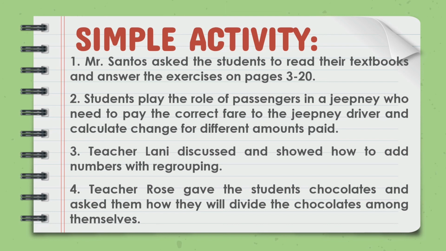Students play the role of passengers on a jeepney who need to pay the correct fare to the jeepney driver and calculate change for different amounts paid. Yes, it is. Thumbs up. Teacher Lani discussed and showed how to add numbers with regrouping. Teacher Rose gives students chocolates and asks them how they will divide the chocolates among themselves. It is thumbs up. So 1 and 3 is thumbs down.